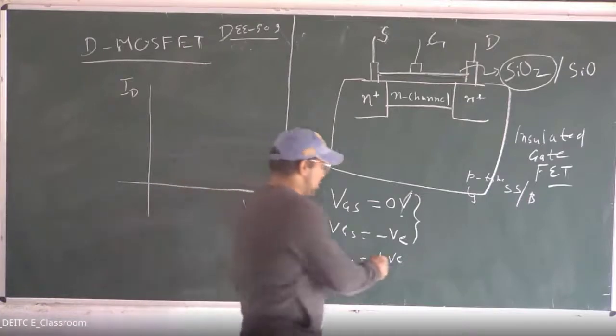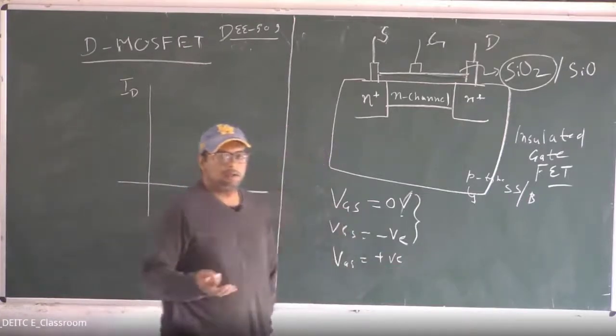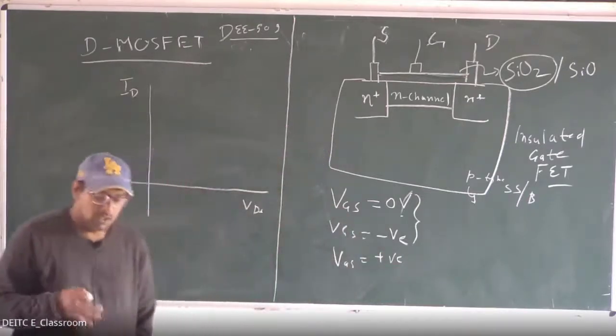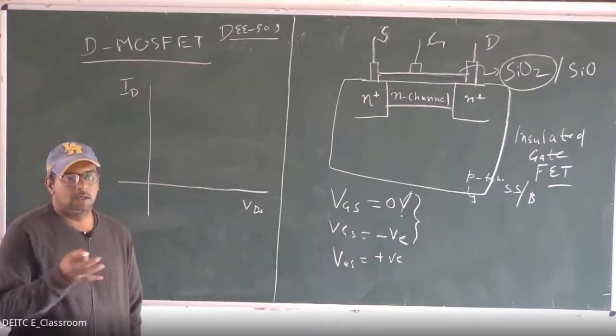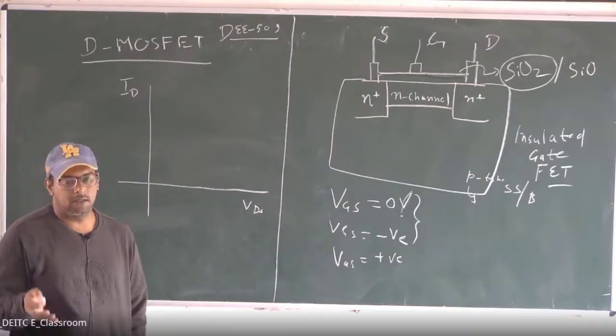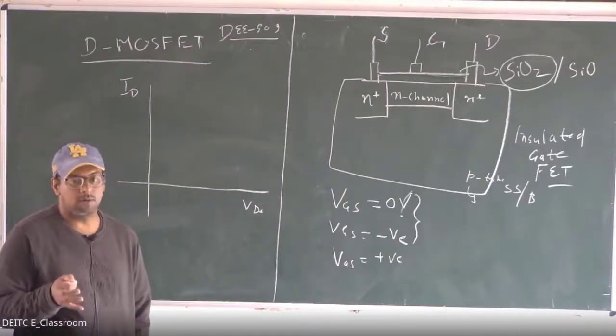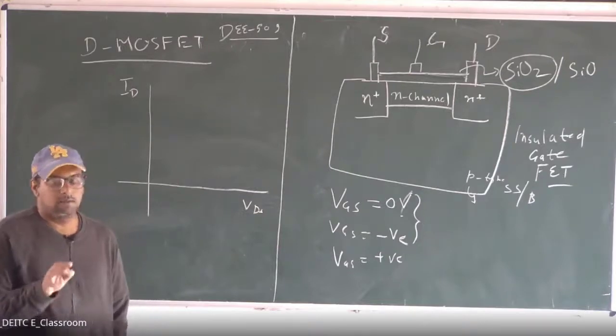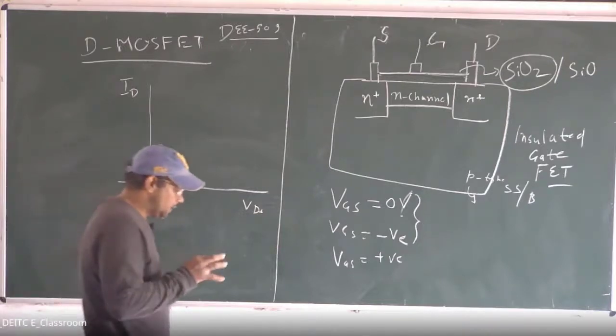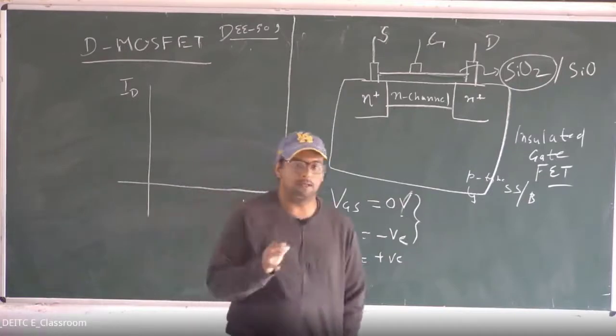This is not allowed because it will make the PN junction forward biased, and then a large amount of current will flow, and that will create a hindrance in the mechanism of the JFET.